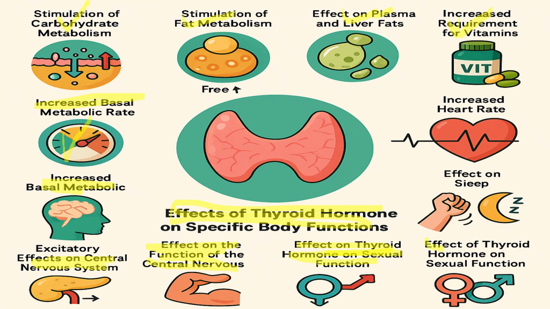Not only sexual function, all other endocrine functions are also disturbed, and along with the CNS effect, there are sleep changes associated with both hyper- and hypothyroidism, and heart rate and blood pressure are also changed.